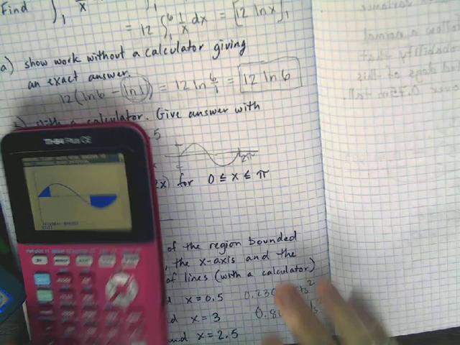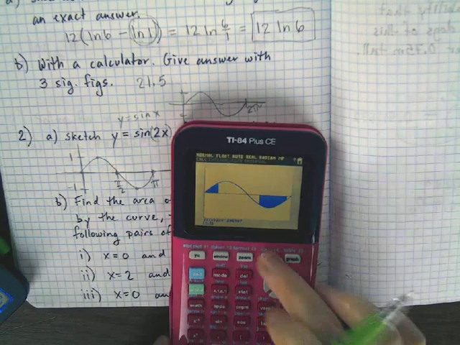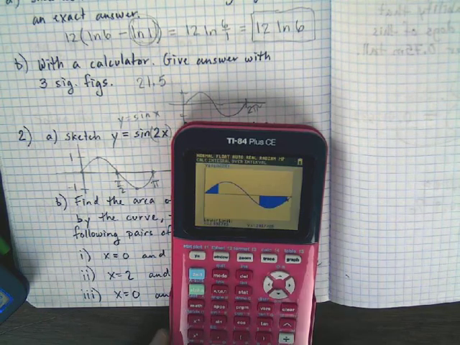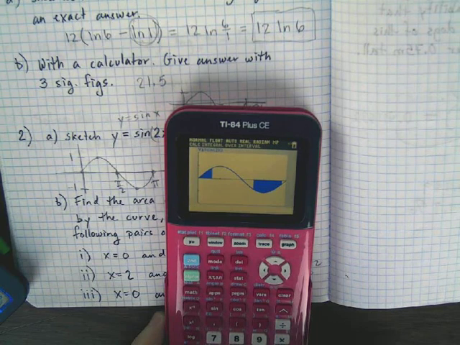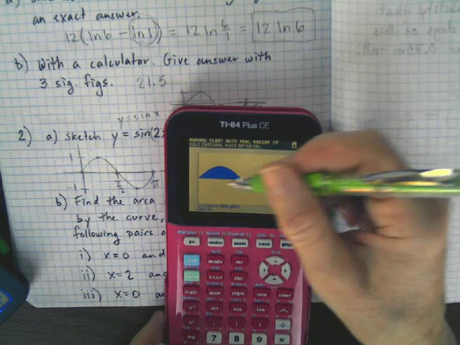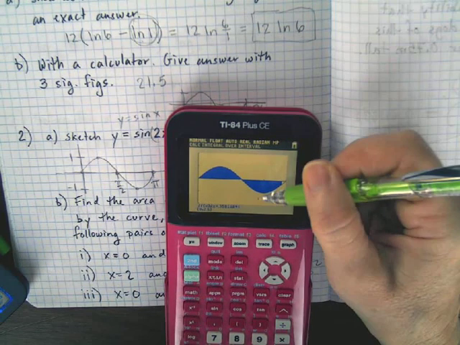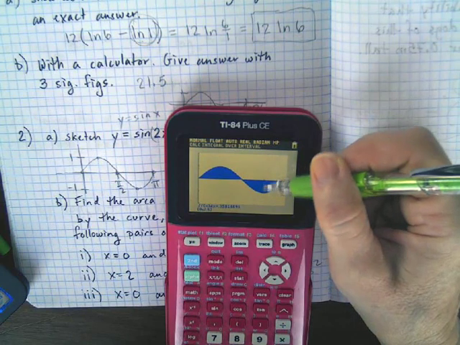And then the last one, if I put that one in, on option 7, I'm going from 0 up to 2.5. It filled in a whole bunch. Unfortunately, I don't know how to get rid of the old shading that's in there.